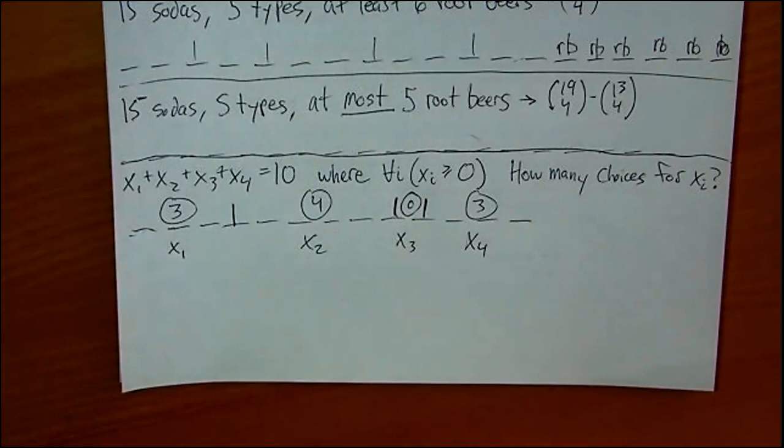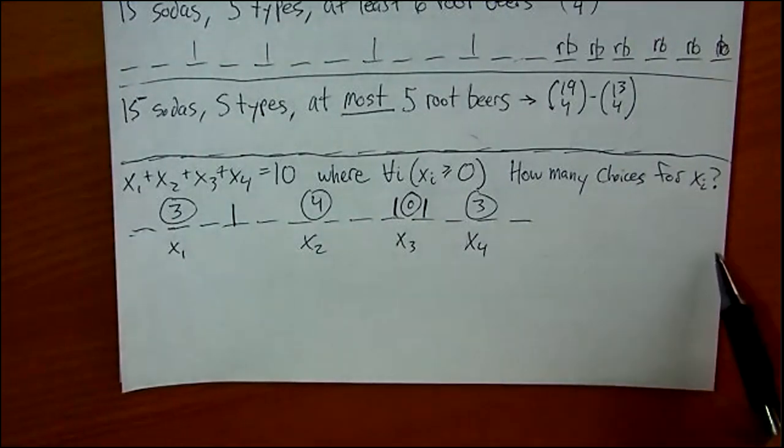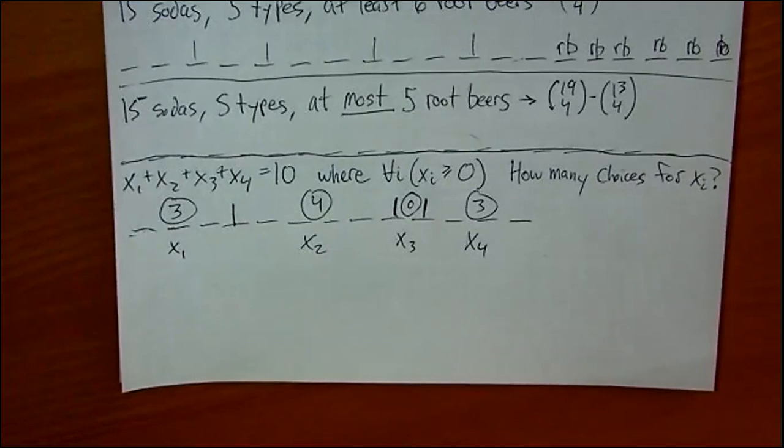So how many choices do we have for the x sub i? What choose what?